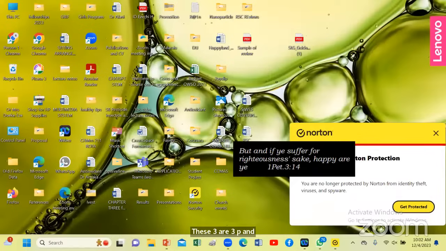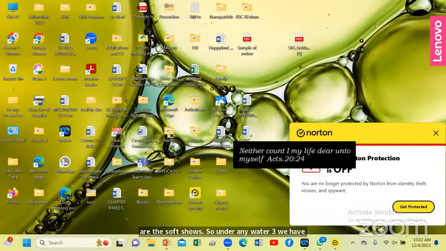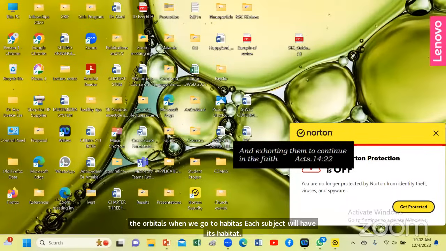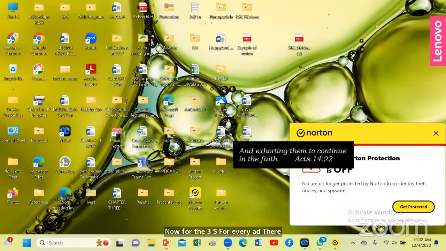So under n equals 3, we have 3 subshells. Now, when we go to the orbitals, each subshell will have its orbitals. For the 3s, for all the s subshells, there is only 1 orbital.